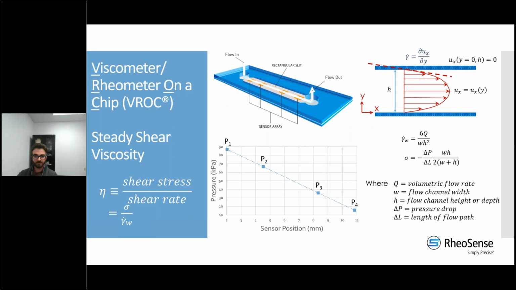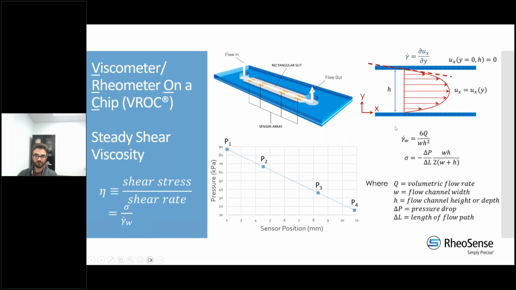To measure the viscosity, we have pressure sensors in the flow path to measure the pressure drop, because viscosity is the resistance to flow. By measuring this pressure drop, we can get relationships that help us get the viscosity.